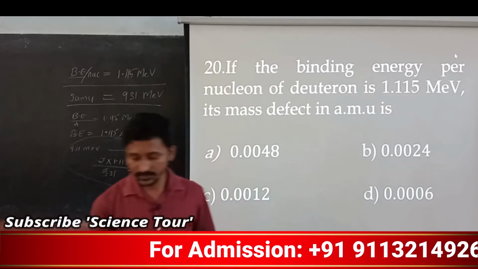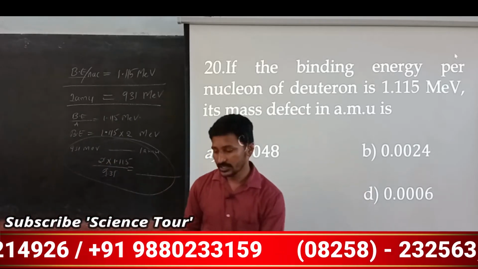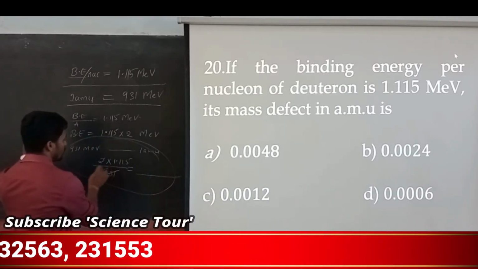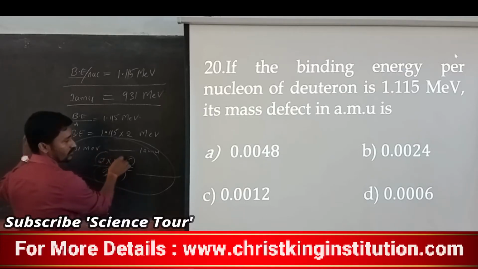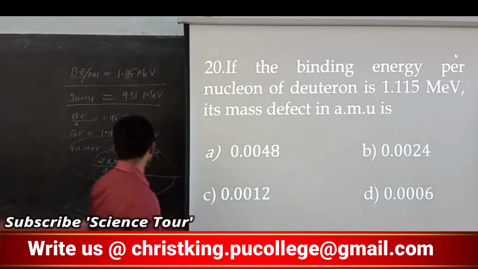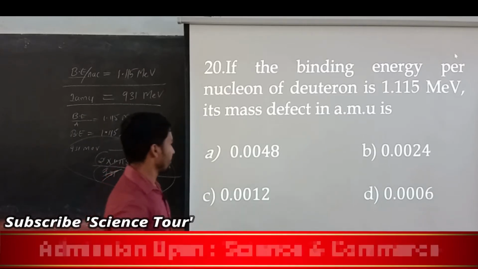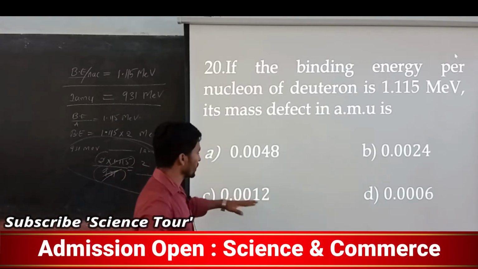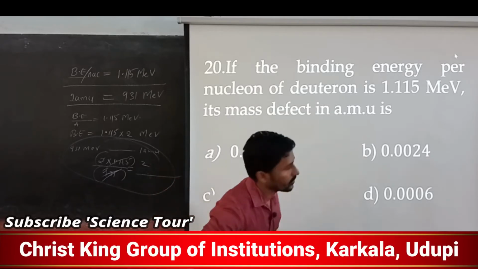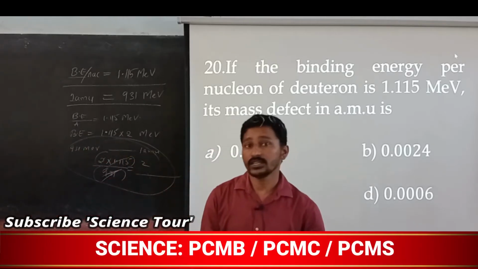If you multiply this, you are going to get 0.0024. Easily I can make out that this is nearly 1000 and this is nearly 2000, so you get 2 with some powers. But the options are close, it may be 12 or 24, so you can't take chances, also in the examination.